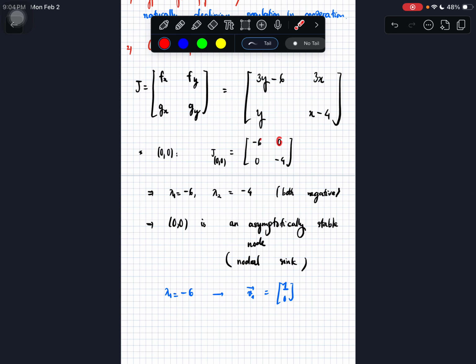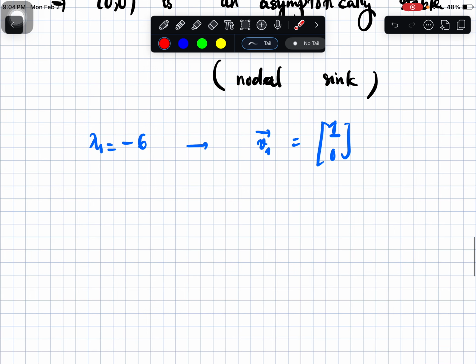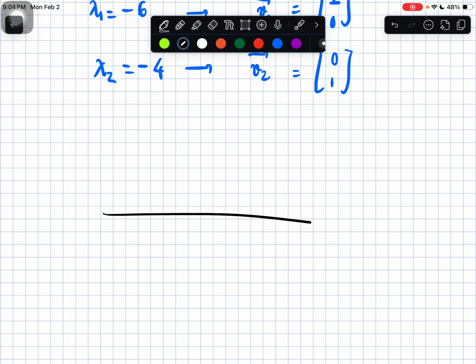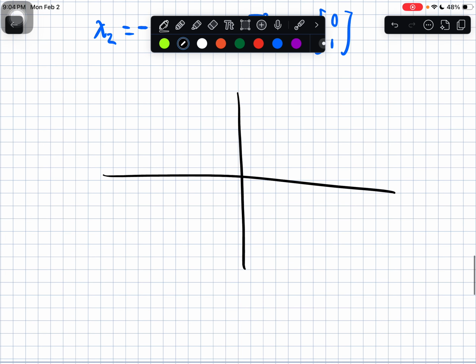The second is (0, 1), for lambda 2 equal to minus 4. We want to sketch that. We have (1, 0) and (0, 1), and both are sinks.